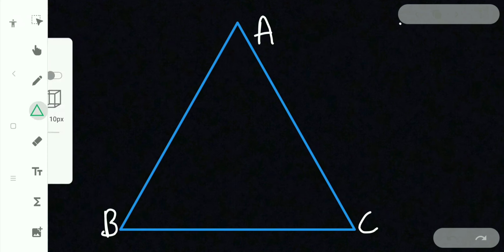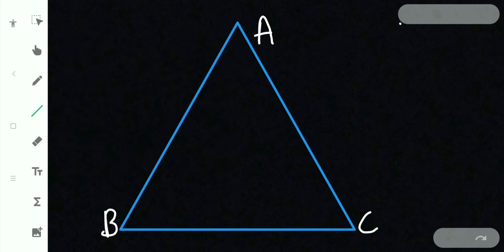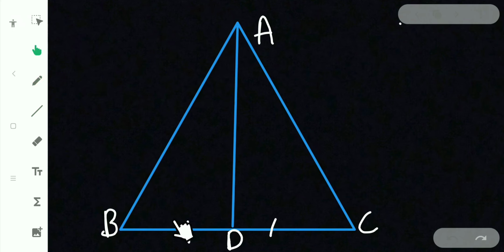A median is a line from any vertex to another side such that it bisects that side, that is, it divides that side into two equal parts, that is BD is equal to DC. AD is a median.